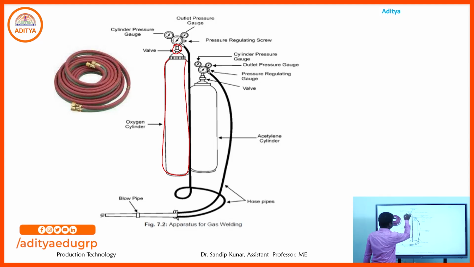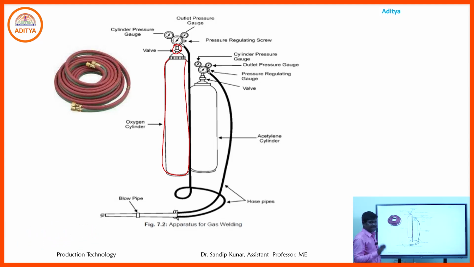Another is the cylinder pressure gauge, which is used to measure the pressure of the cylinder, meaning what amount of oxygen is remaining in that cylinder. And another is the outlet pressure gauge, meaning the oxygen is coming through the hose, and at that time we measure what pressure remains in that pipe.